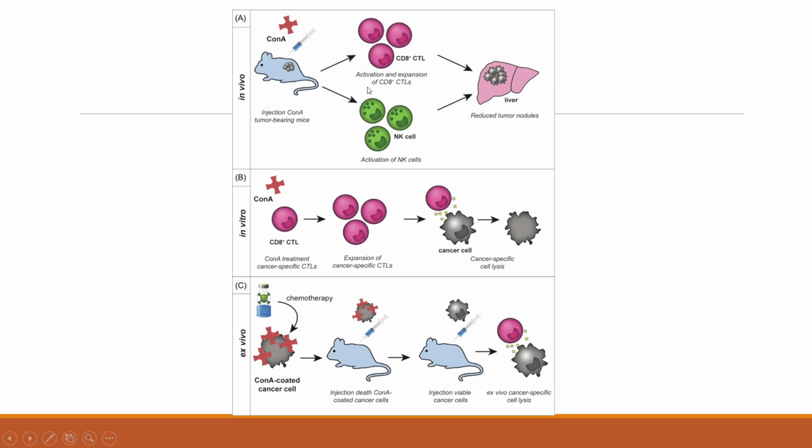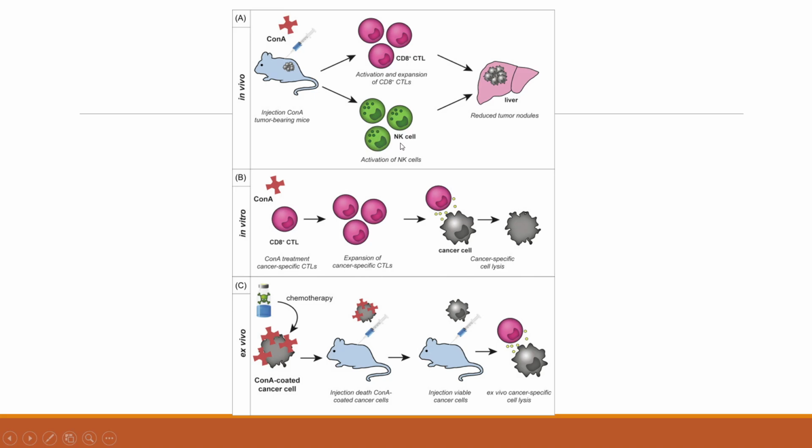If you inject it with Con A, where it has tumor, there will be activation and expansion of CD8 positive cytotoxic T lymphocytes. These will help in killing these tumor cells.